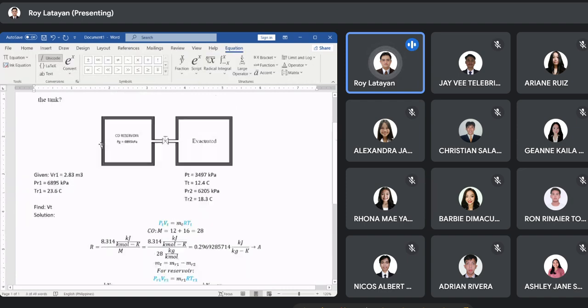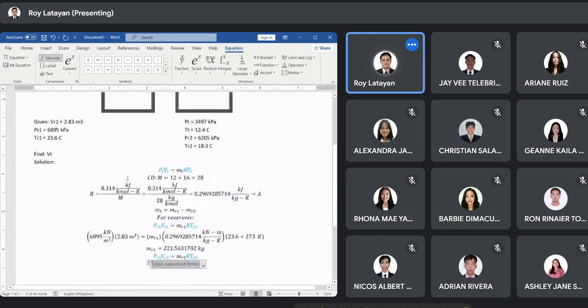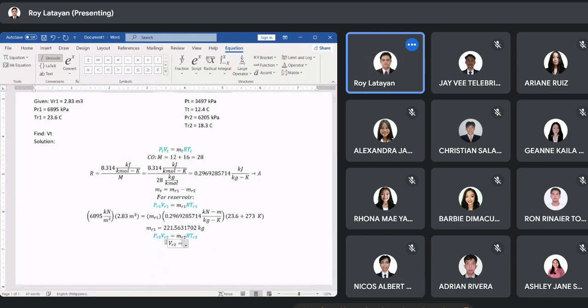As usual, given tayo ng reserve nito, hindi naman nagbabago yung volume niya. So yung VR2 natin is equal to simply VR1 lang din. Same pa rin naman yung pinag-uusapan natin reservoir.